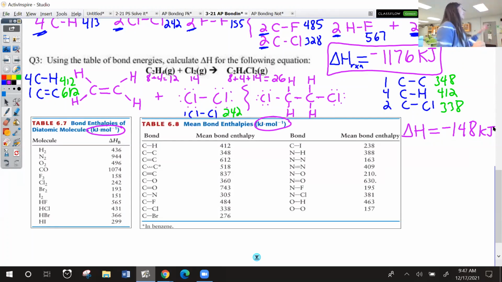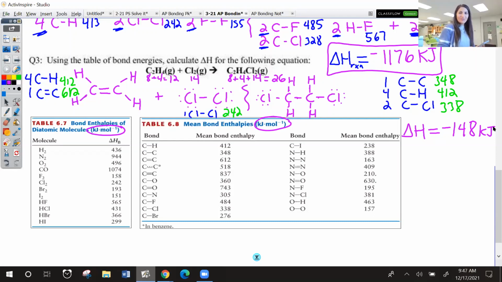Okay, so let's make sure that you used, and I'm assuming whoever got the negative 148, because I wonder if I had used the numbers in your table instead of these numbers when I did it. So 4 times 412, plus 612, plus 242, minus 348, minus 2 times 338. I redid it and got negative 148 also. Oh, you did?